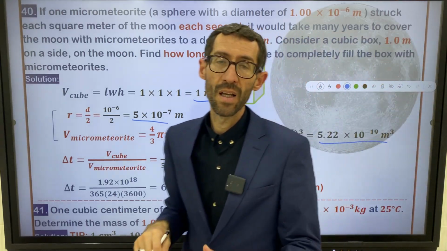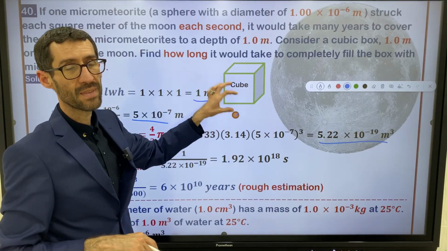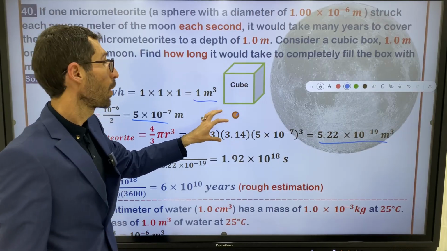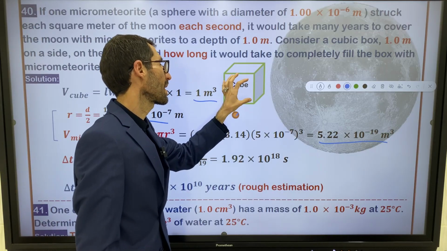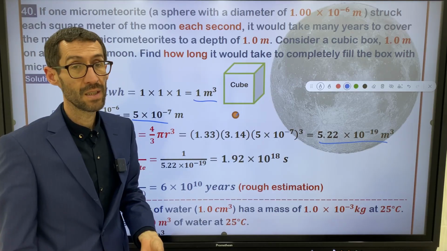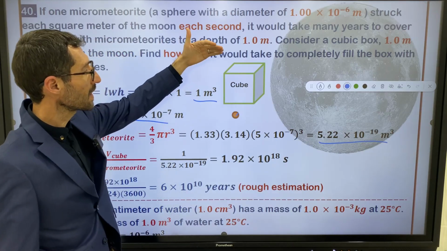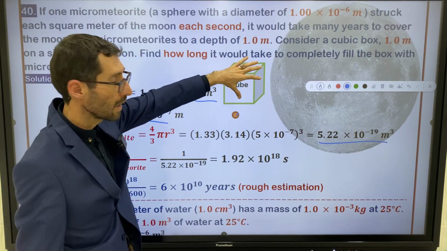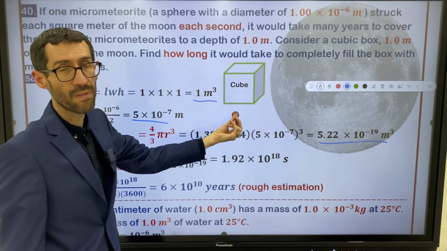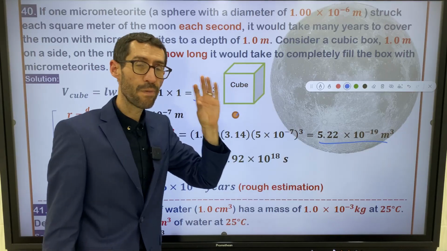Think about it. We have the volume of the box and the volume of the micrometeorite. We want to fill the box with micrometeorites, so just divide the larger volume by the smaller volume. This is the answer. The answer is a rough estimation.